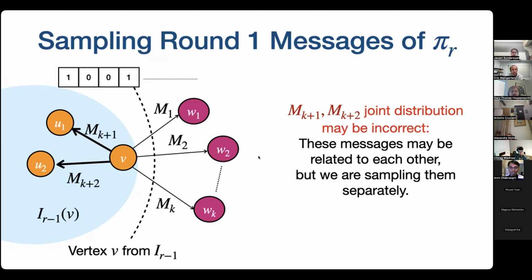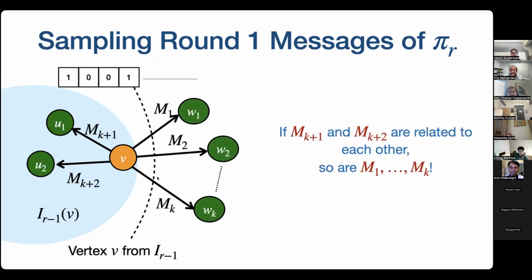I'm not going to tell you explicitly how this is fixed, but this was one of the big issues we had to overcome. Intuitively, the reason you can fix this is that from V's perspective, it doesn't know which are the special inner messages. It can't say, okay, this is the orange one, so I'll say something only to them. Whatever it sends across these messages, it has to make common among all its neighbors.